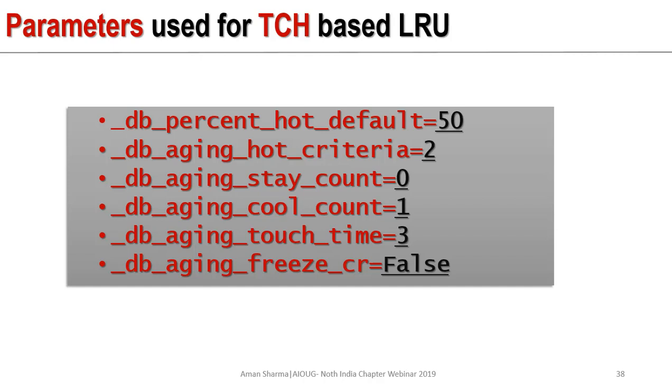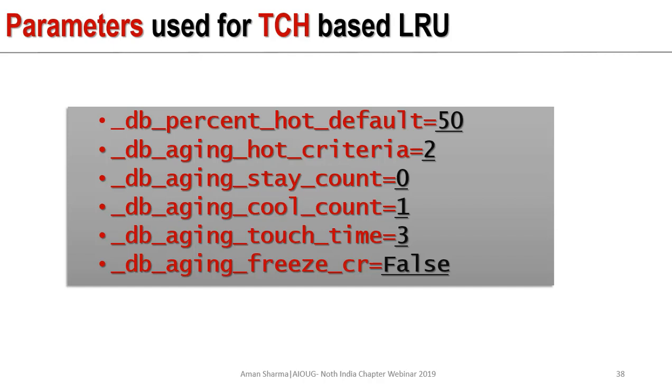So you can see that the buffer cache is divided into hot and cold by a 50-50 split, which is controlled by the first parameter. The buffer is considered to be hot if the counter is equal to or more than 2. If the buffer is cooled, its counter is set to 1.